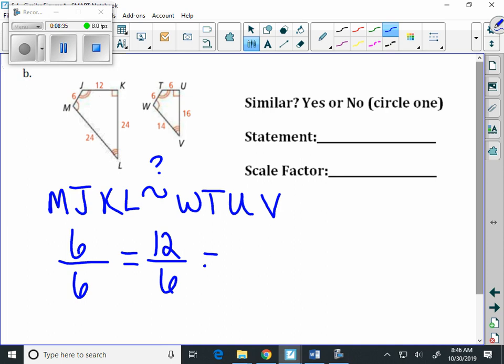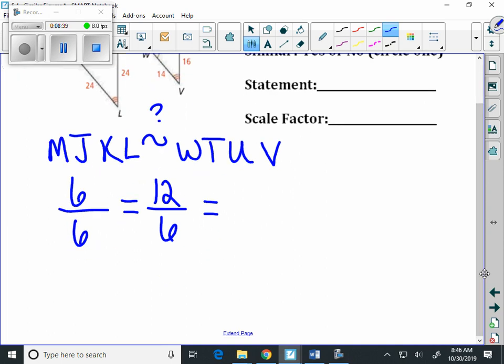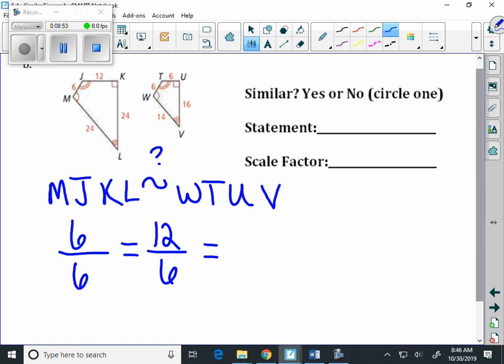But just to check here, and by the way, we know that those aren't similar figures because 6 divided by 6 is 1, and 12 divided by 6 is 2. And in order for them to be similar, we need to have those values be equal. But just for a little bit more practice here, KL is 24 and UV is 16.